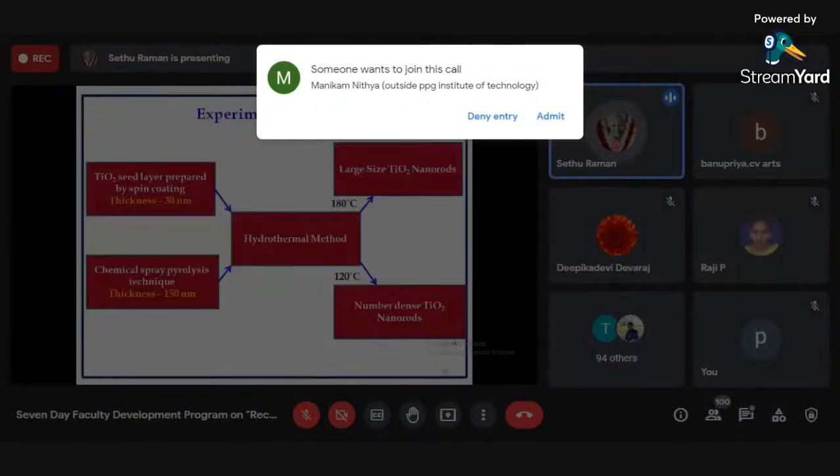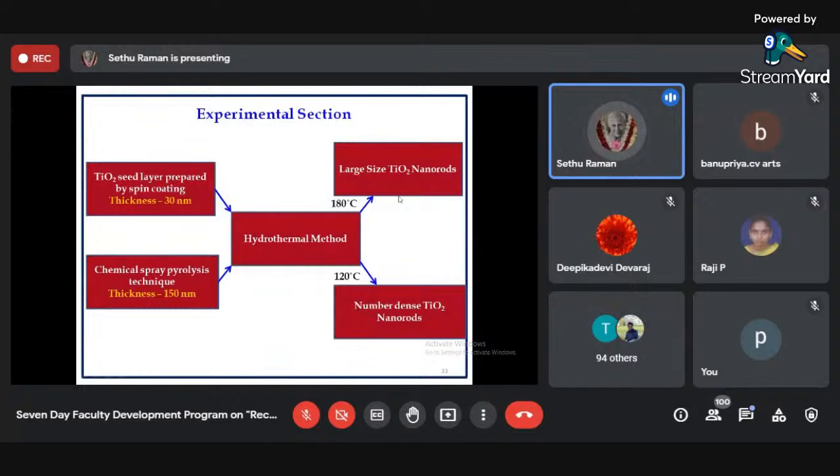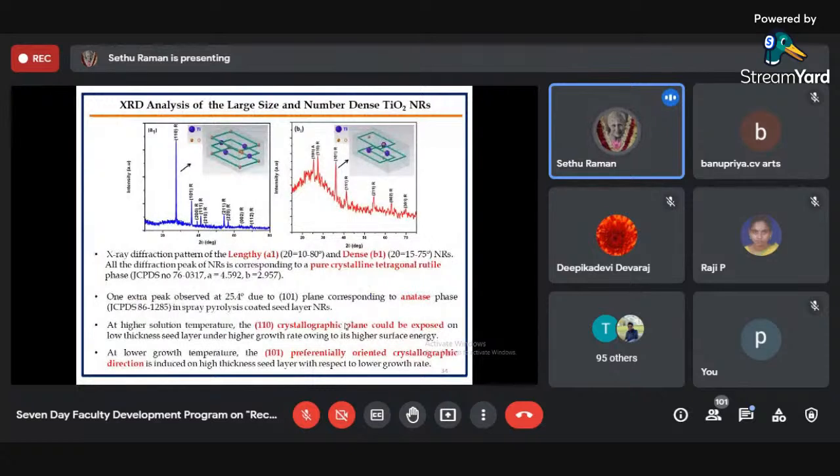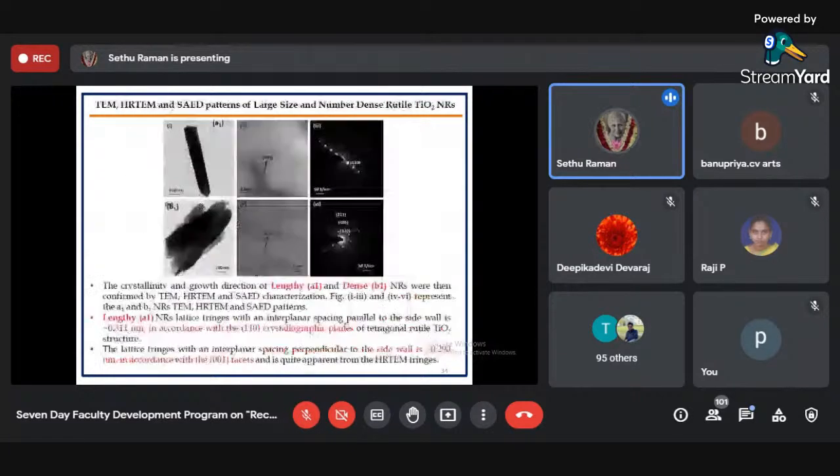I told you that we prepared at a higher temperature, so at higher growth temperature, long, lengthy TiO2 nanorods are formed because the growth rate is very high. But on a higher thickness seed layer with lower growth temperature, number-dense TiO2 nanorods are formed on the surface of the seed layer.